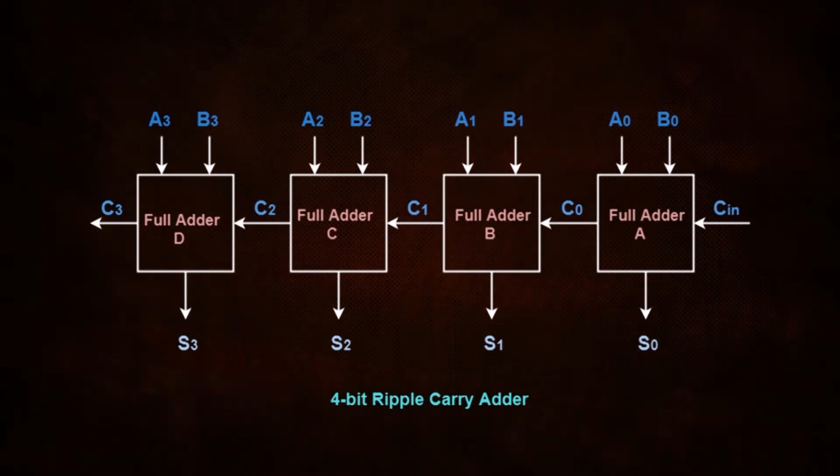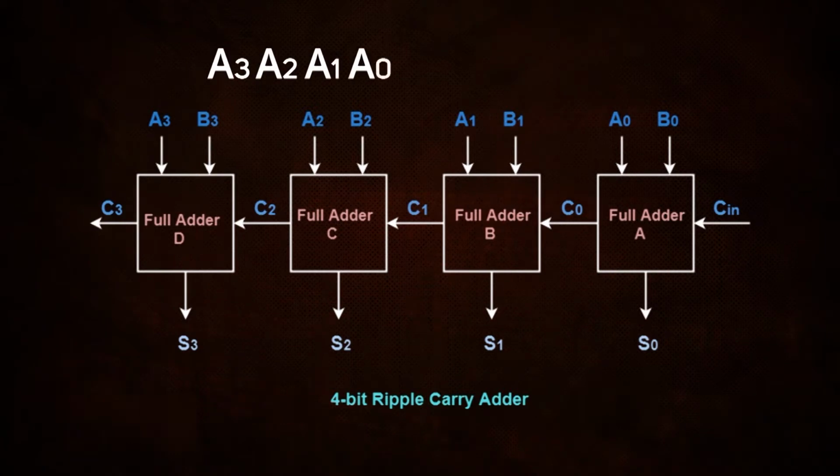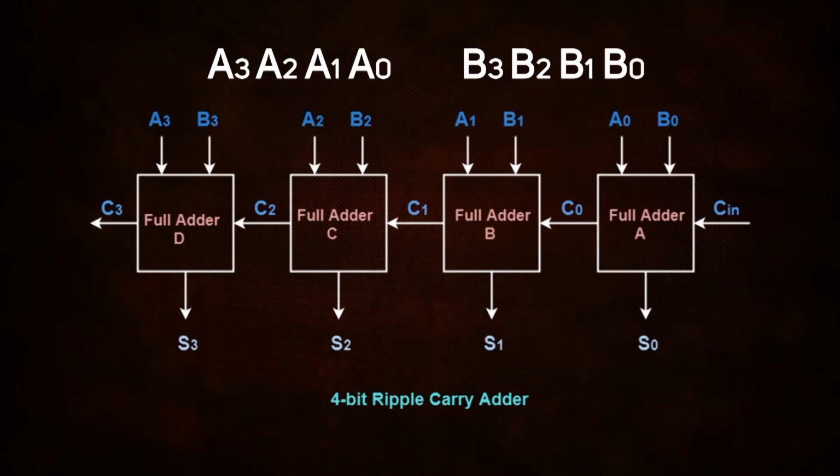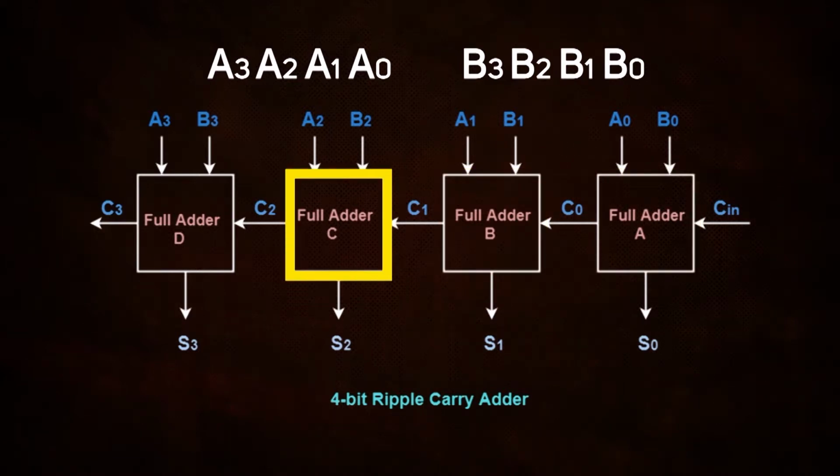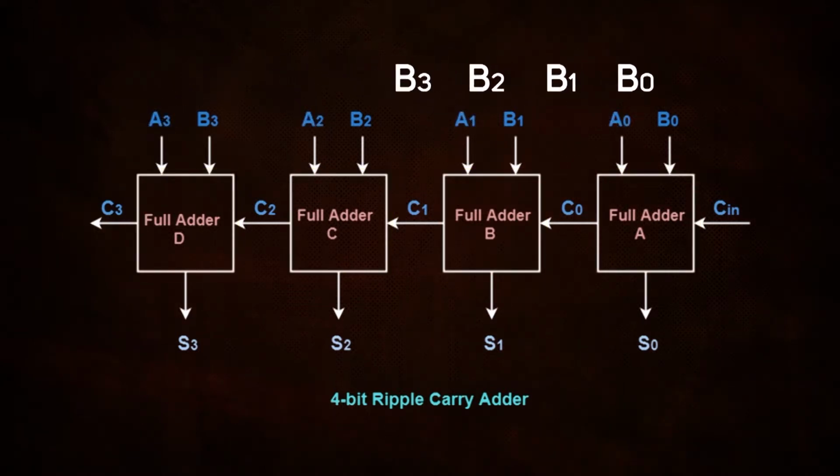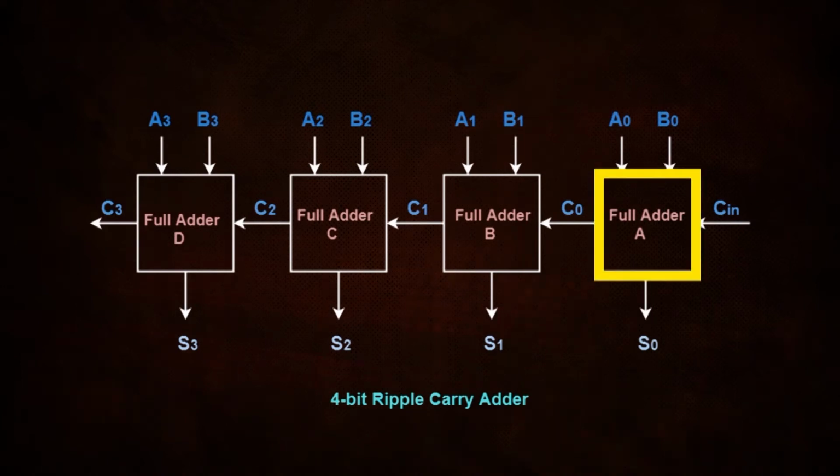Now, let us consider two 4-bit numbers, num1 represented as A3, A2, A1, A0 and num2 represented as B3, B2, B1, B0. See the logic circuit where each full adder is named A, B, C and D. First of all, the rightmost full adder, A, takes the inputs, the least significant bits A0, B0 and the initial carry Cin, and it produces the sum S0 and carry C0.